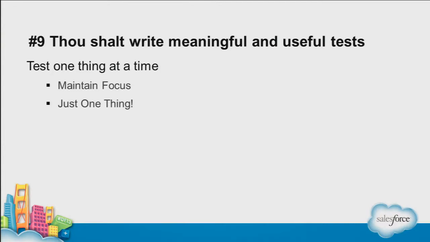This is the hard one. Meaningful unit tests do one thing, and they do that one thing, and then they go on to the next thing. So your unit tests need to maintain focus, and they need to just test one thing. Sometimes we write unit tests that will test an entire method, and that method is 800 lines long.